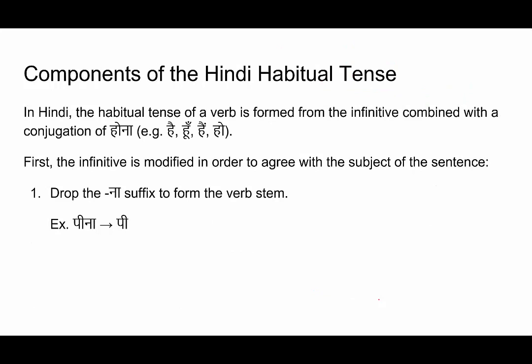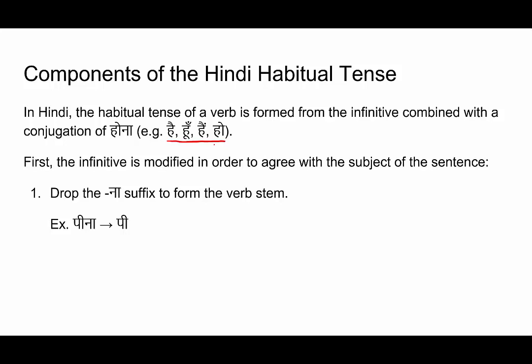The habitual form of a Hindi verb consists of two components: a modified version of the verb's infinitive, followed by one of the conjugations of hona, like hai, hoon, hain, or ho. Together, these components form the habitual form. So we start by modifying the verb's infinitive.